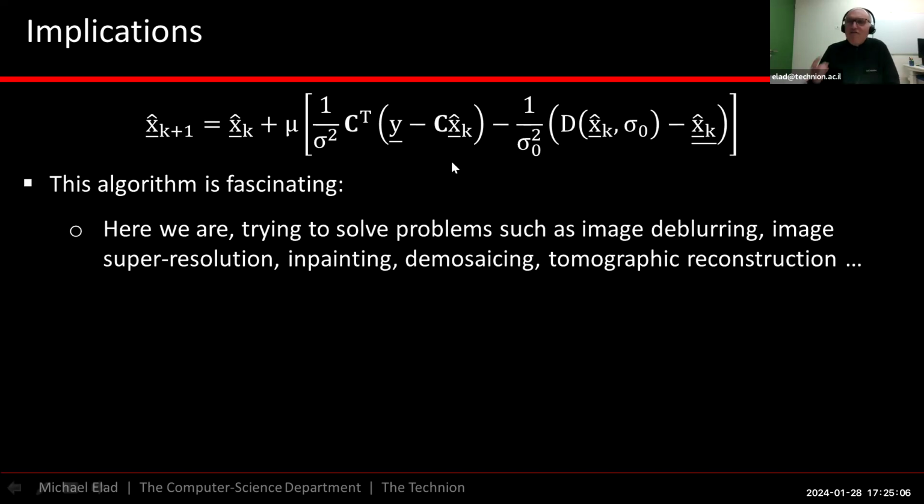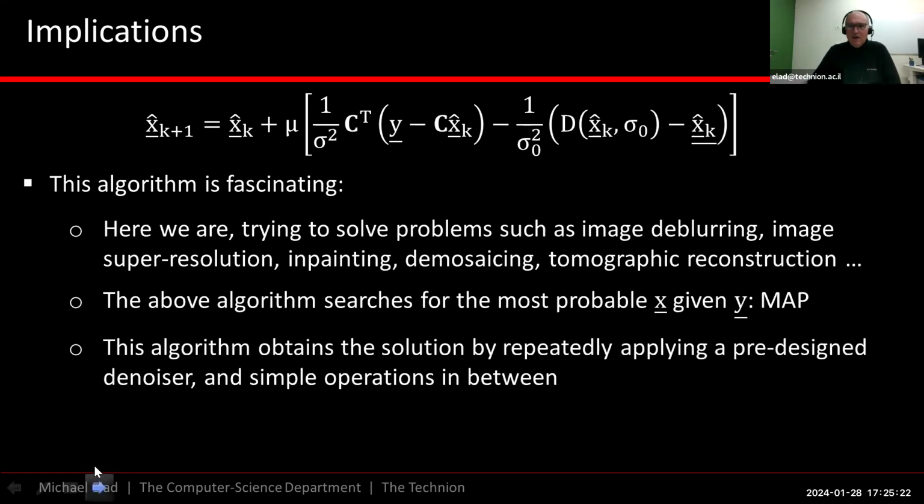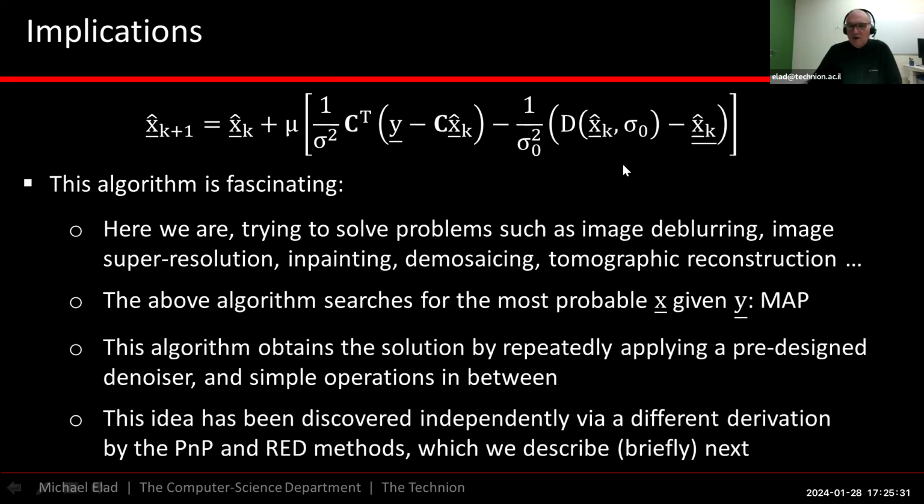In fact, if you want a denoiser that will be the MAP estimate, you could do this. Simply plug here C equals identity, and you are getting an iterative algorithm that turns an MMSE denoiser into a MAP one, if MAP is what you're after. Great. And just repeating again and again the application of denoising, something like 30, 40, 50 iterations, and you're there.